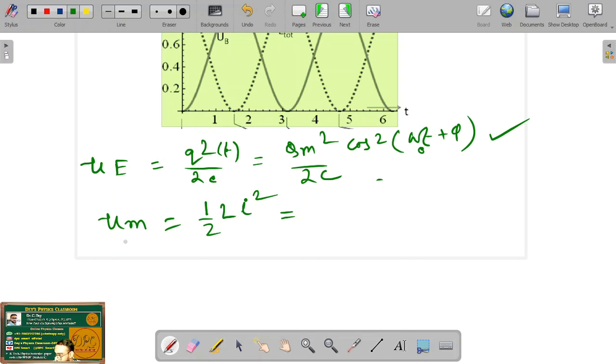Next we will find out the magnetic energy, that is UM, which is half of L i². We have already found the value of current.